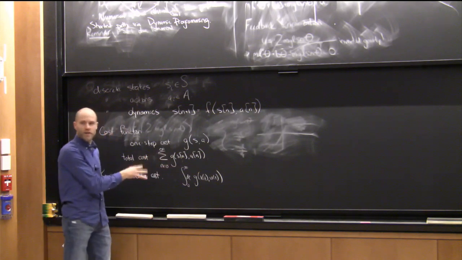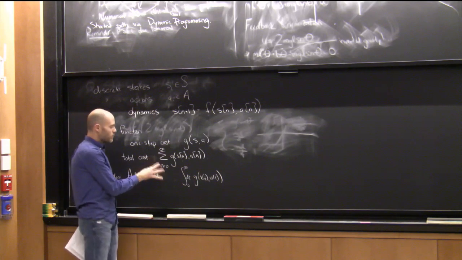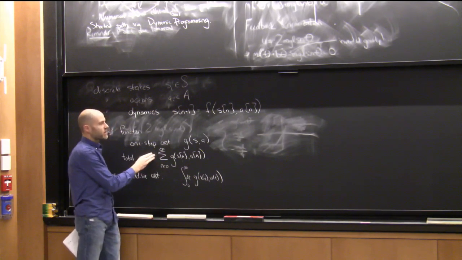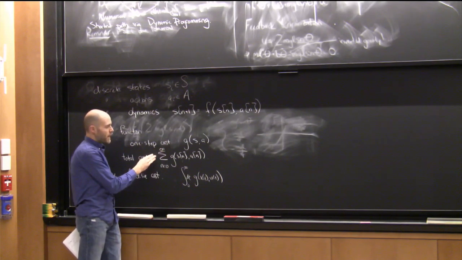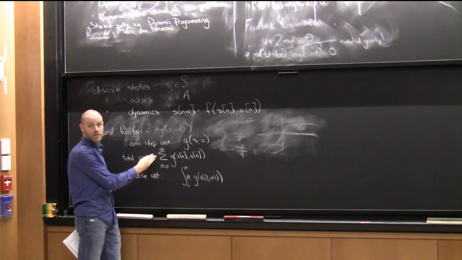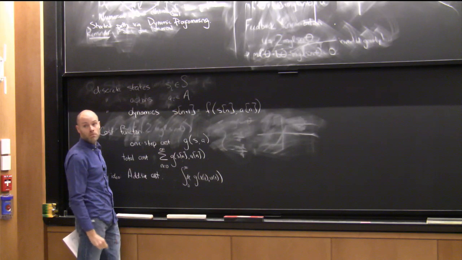It's also fairly expressive. You might see this and think that's pretty frustrating, but for instance, minimum time problems can be written with additive cost. How would you choose G for the minimum time problem?